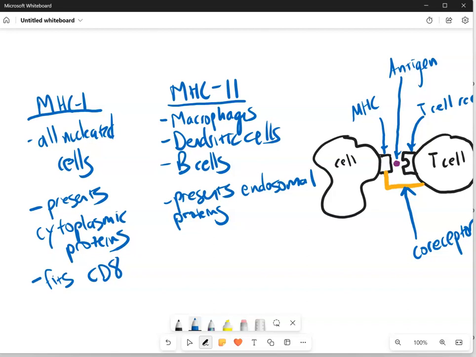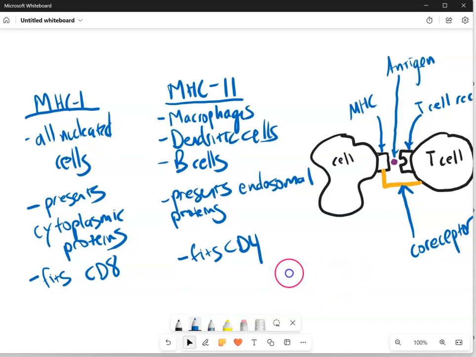So, always with MHC2, a cell is displaying something it brought in from the outside, whereas with MHC1, it's displaying something it made on the inside, with one exception. And MHC2 fits CD4. So that's what you need to know about the MHCs and the CD8 and the CD4.